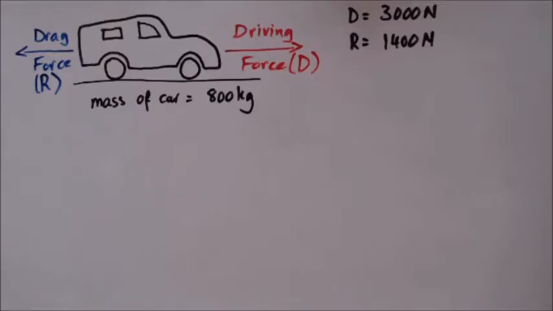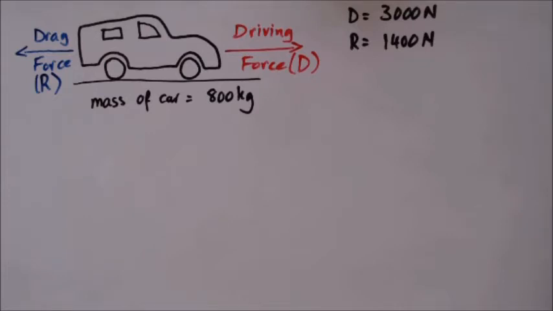Newton's second law can be stated as follows. If an unbalanced resultant force acts on a body, then that body will accelerate in the direction of the resultant force. The acceleration itself being proportional to the resultant force.